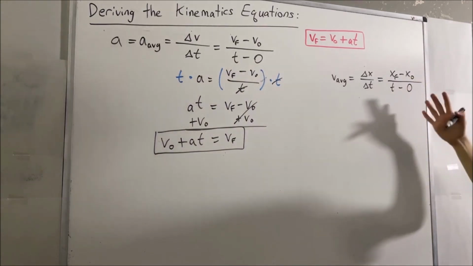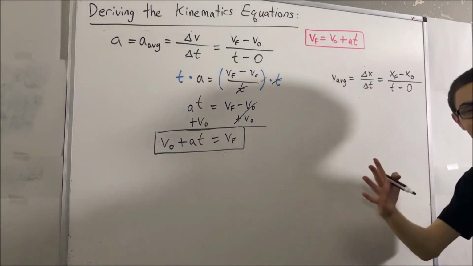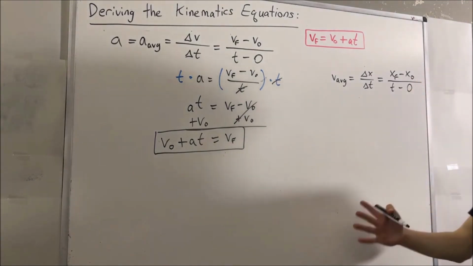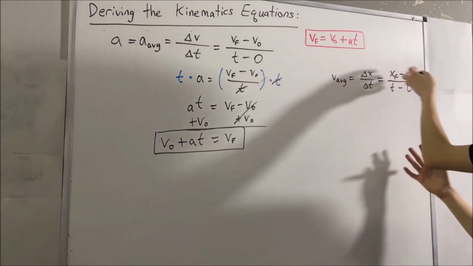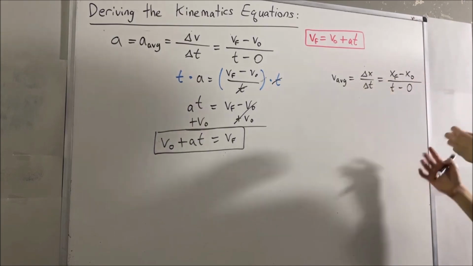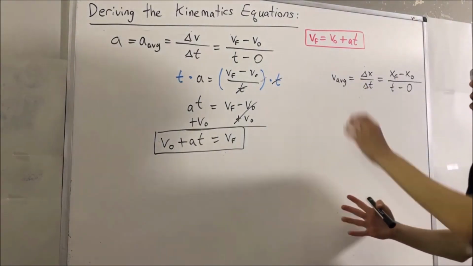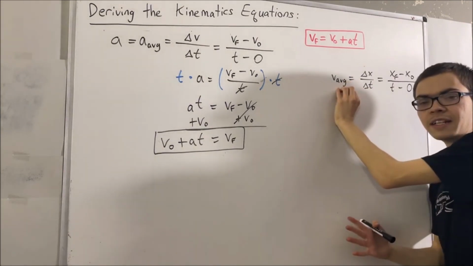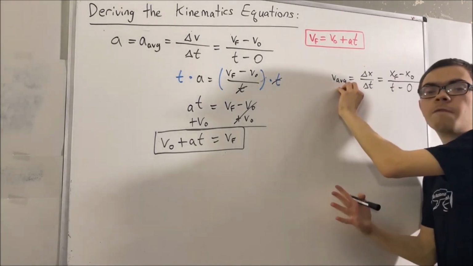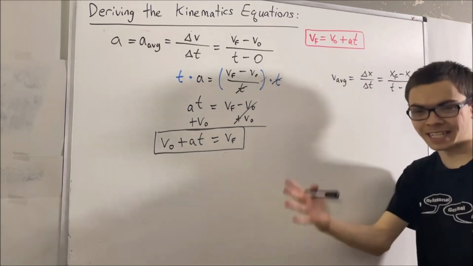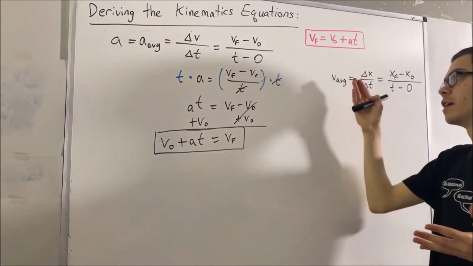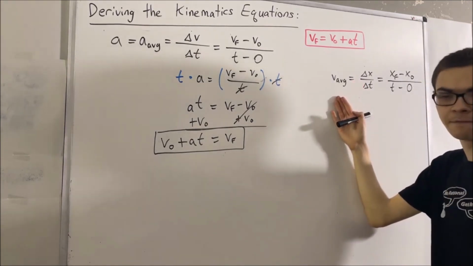Okay, but remember, we are working with a constant acceleration. How do we get constant acceleration involved with this? Well, it turns out that under a constant acceleration, your average velocity is really just the average of your initial and final velocities. In other words, it's just (V naught plus Vf) divided by 2.